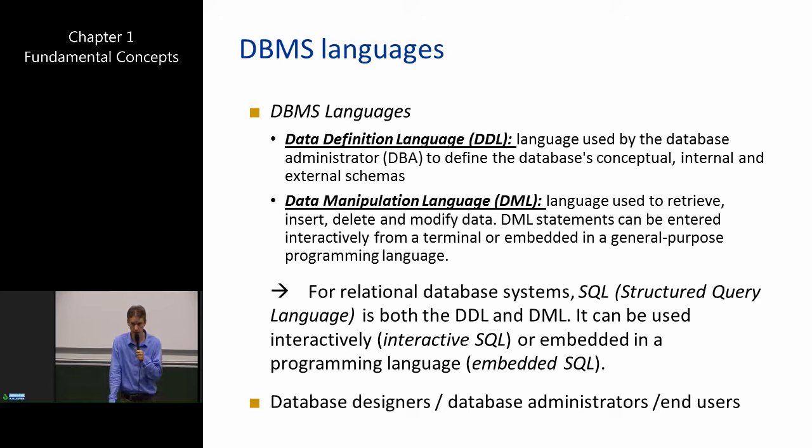The DBA is the person who is going to actually work with the database, who is going to set up the database, monitor, and maintain the database. So by using DDL, the DBA can define the database conceptual, internal, and external schemes. So it's a set of language instructions that will allow us to do that and store the results of these instructions in the catalog.